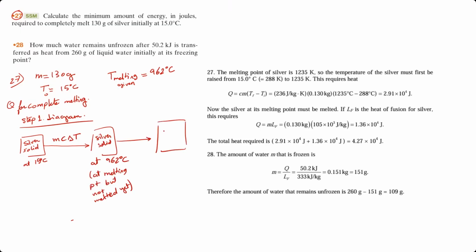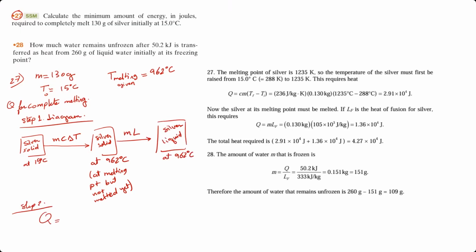So I'm going to have now the silver all melted. It will be in liquid phase, also at 962 degrees Celsius. And to melt the silver, I will need an energy of mL. So I can now find Q.